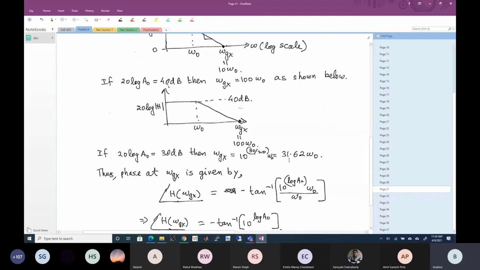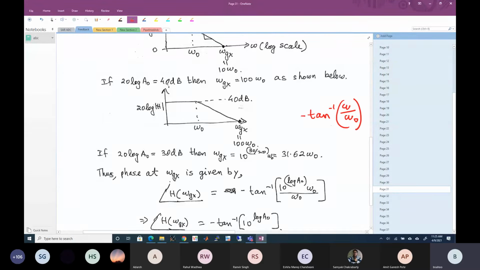Okay. Thus phase at omega GX is given by how much? The phase of a single pole system is minus tan inverse of omega by omega naught, where omega naught is the pole frequency. Now omega is the gain crossover. What is the phase at omega GX?